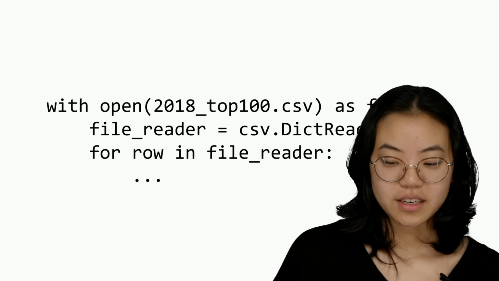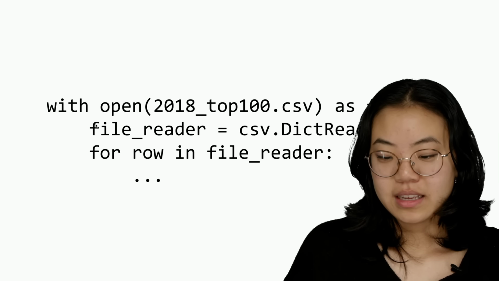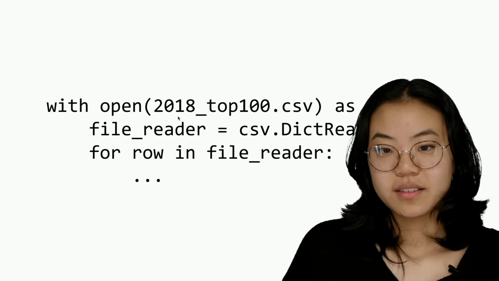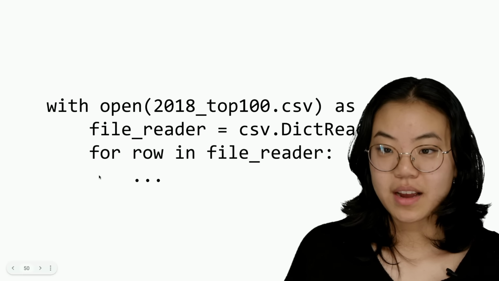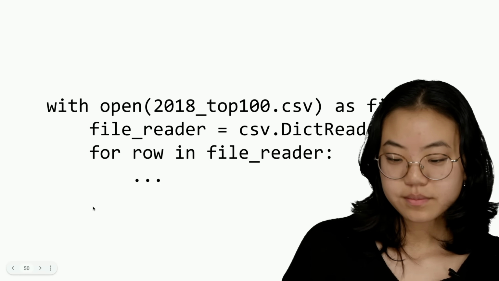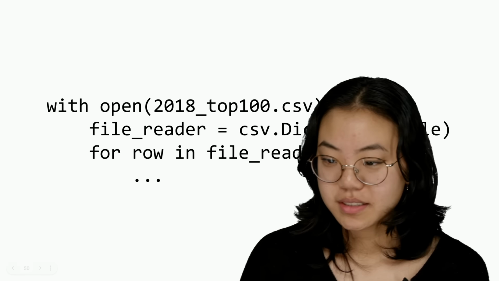Another thing to note here is that with this indentation syntax, we don't actually have to do the opening and closing manually anymore. The file will only be open for whatever code goes on in this with open block, and so you won't be able to access the file after the indented block of code.